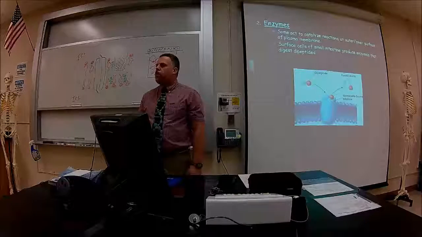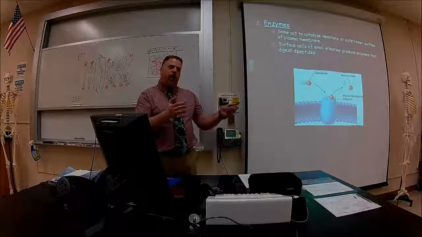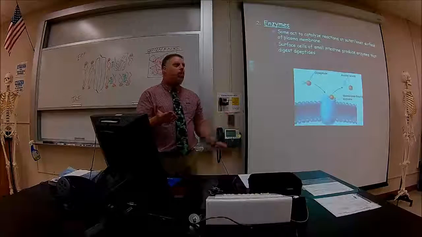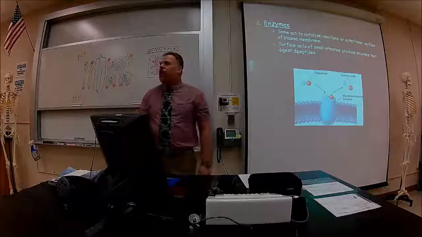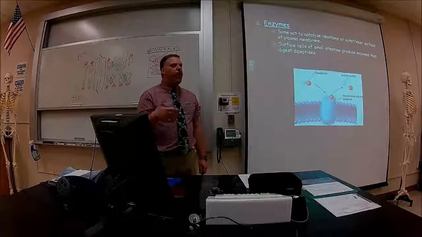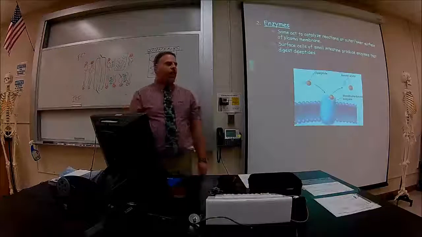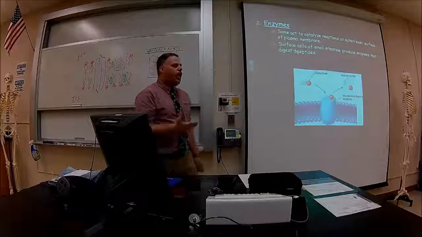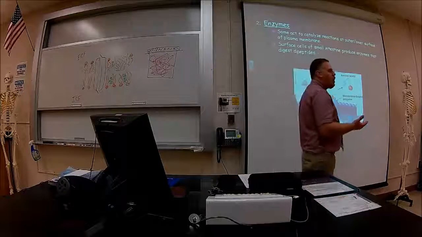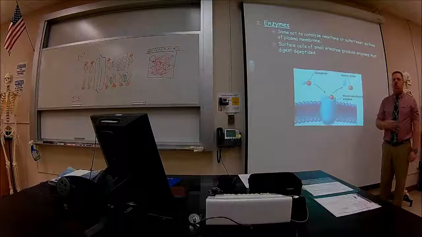Say we want to melt something. You could let it sit there on the counter and it'll melt, but we could speed it up by putting heat on it and putting it on the stove. The stove doesn't get ruined and could be reused, but it makes the reaction go much, much faster. An enzyme is a catalyst, just as the stove is, but this is a biological catalyst. A catalyst speeds up reactions.